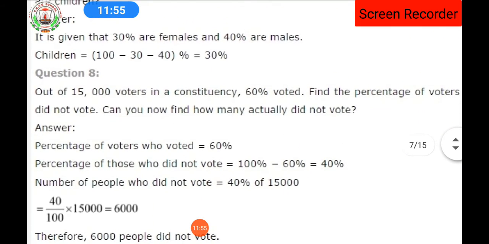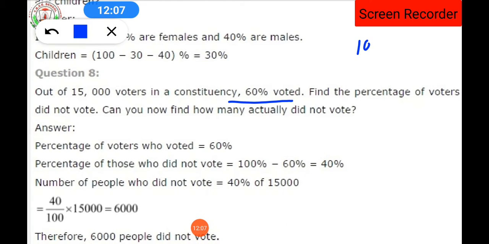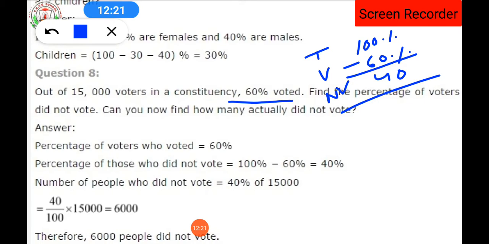In question number 8, it is said that out of 15,000 voters in a constituency, 60% voted. If the total percentage of the voters is 100, as we know that 100% of the total voters are there, and out of the total voters, 60% gave votes. So what percent have not given votes? 100 minus 60.